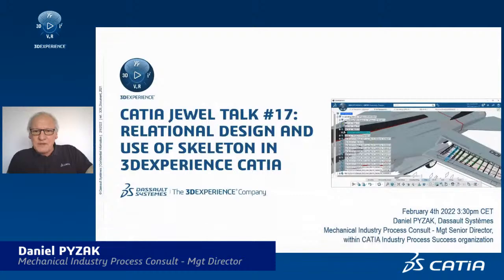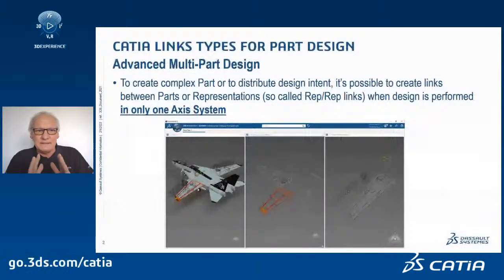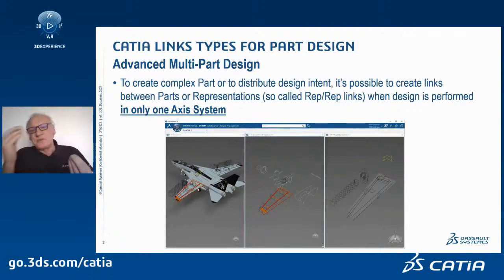So what you see here is just an introduction. In fact, in CATIA, there are two types of links, okay? The first one is called rep-rep, a link between a representation or a part and another representation and another part. This type of link should be used when you are only using one single axis system for your complete product.